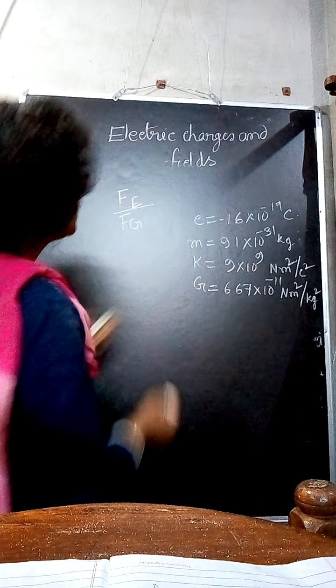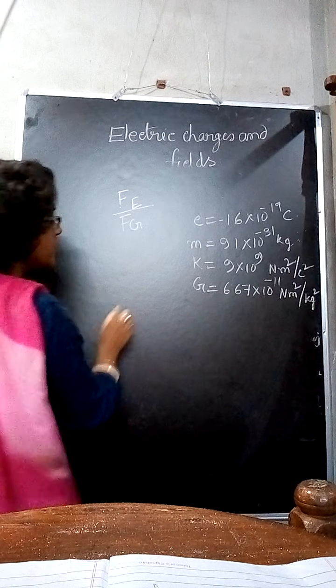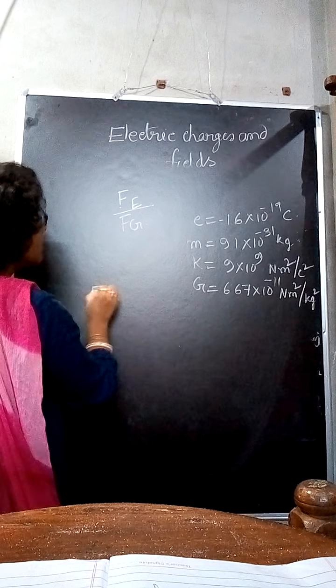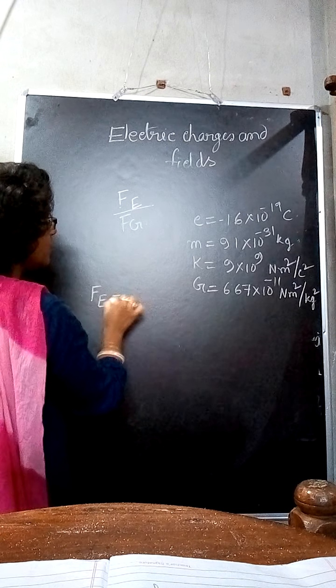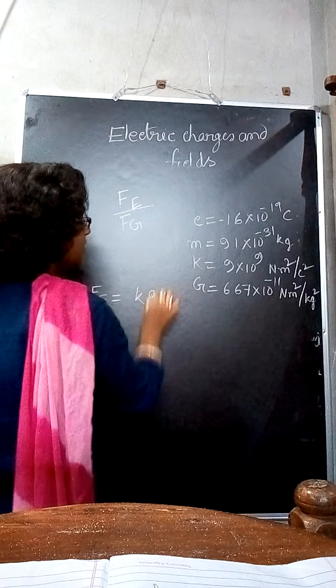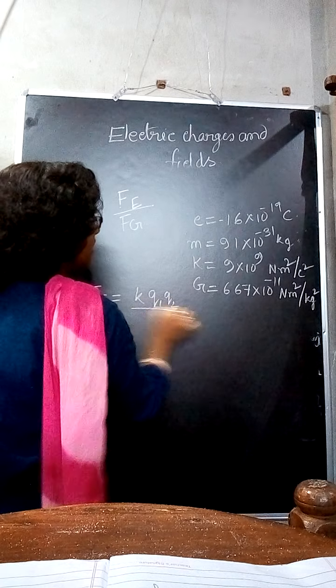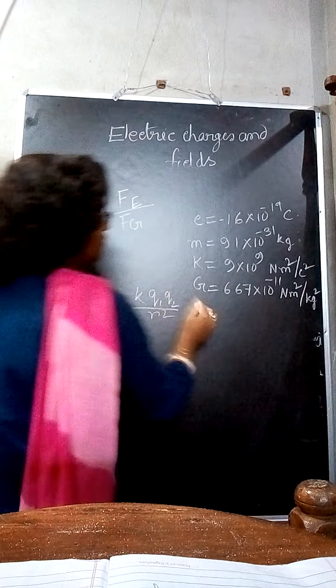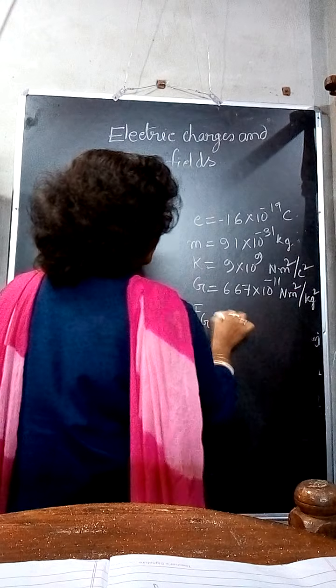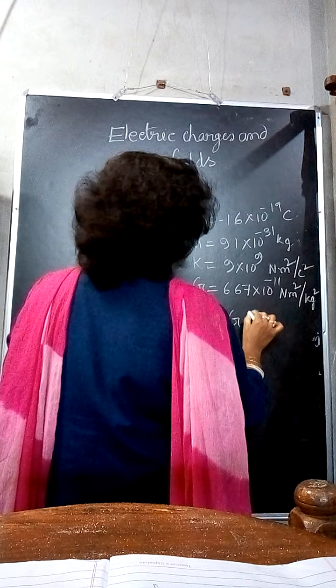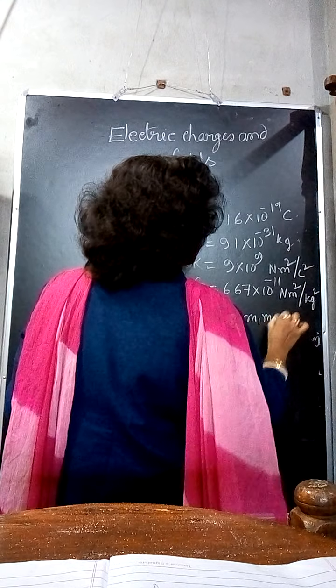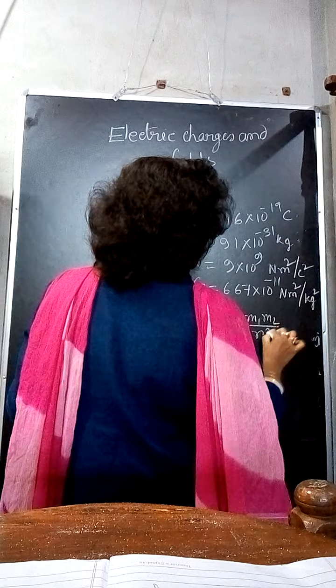Now let us see what the ratio comes to. For electrostatic force, the formula is K Q1 Q2 by R square, and for gravitational force the formula is G into M1 M2 by R square.